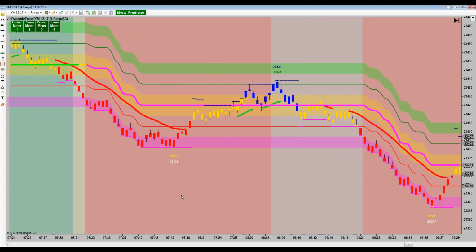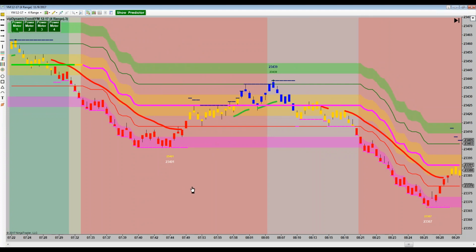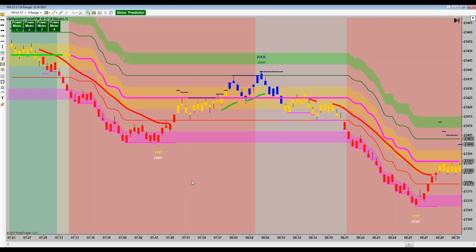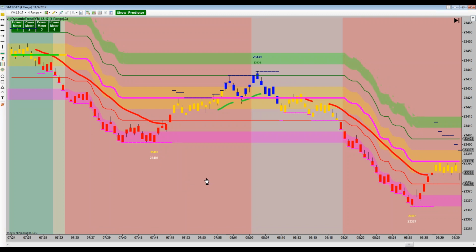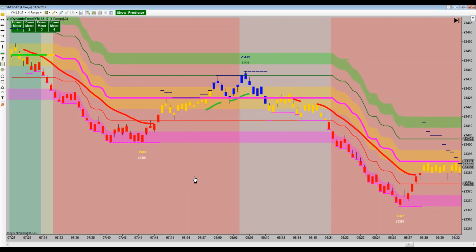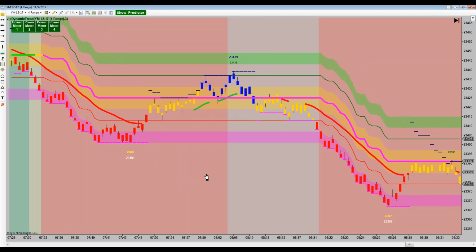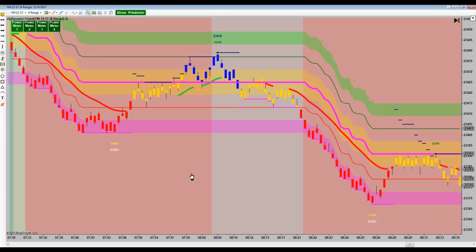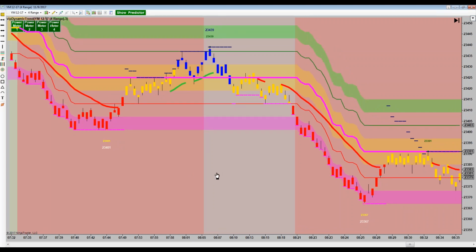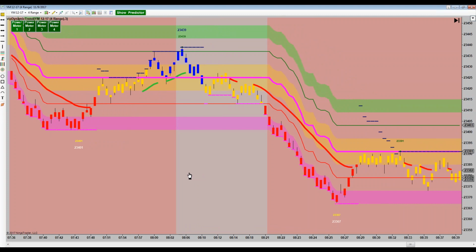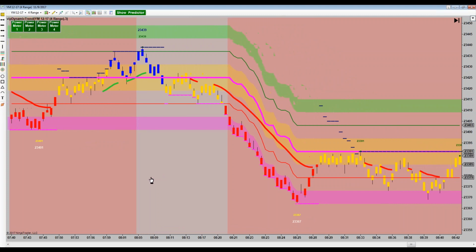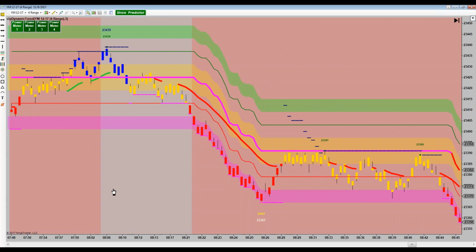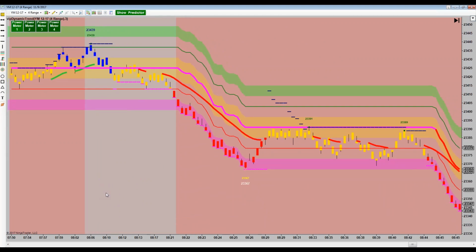When you think you see a trade, you type in a T. Let me keep advancing the chart. All right, let me stop it there. Let me pause it right there.